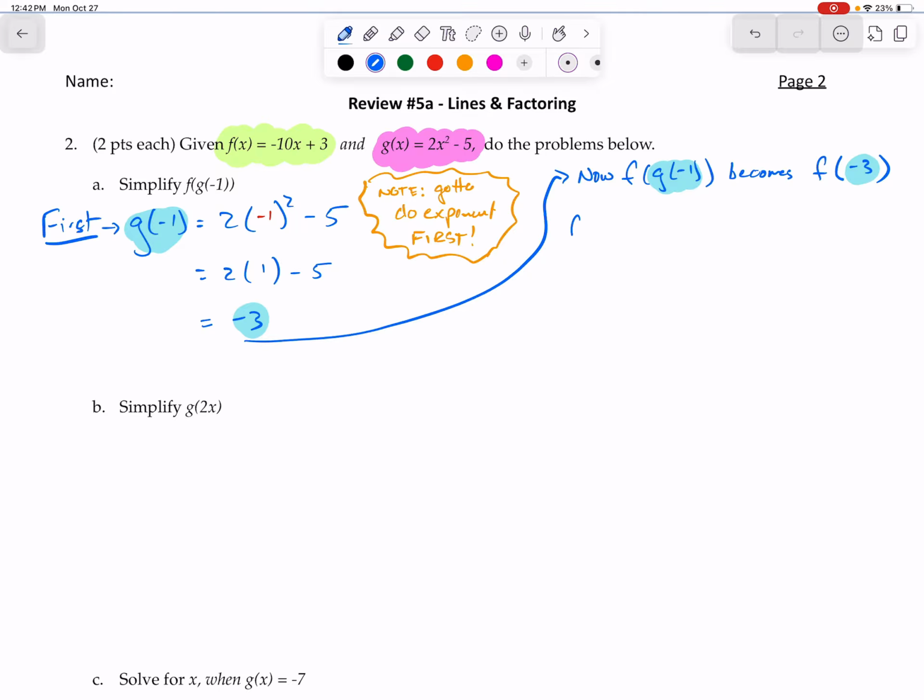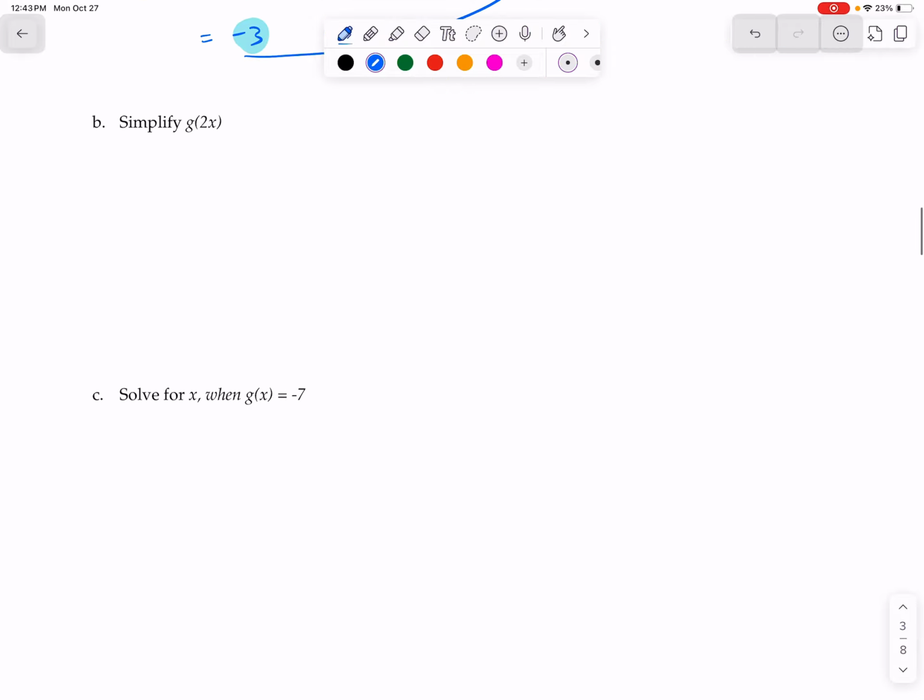So f of -3 equals -10 times -3 plus 3, is 30 plus 3 equals 33. And make sure that matches my answer key. You never know if I fudged up.